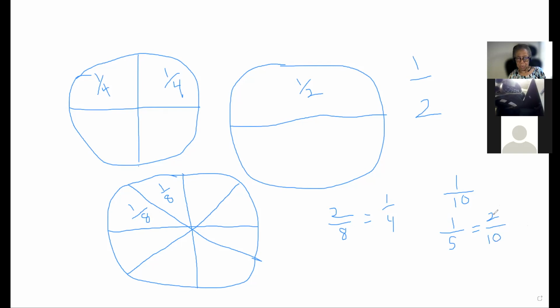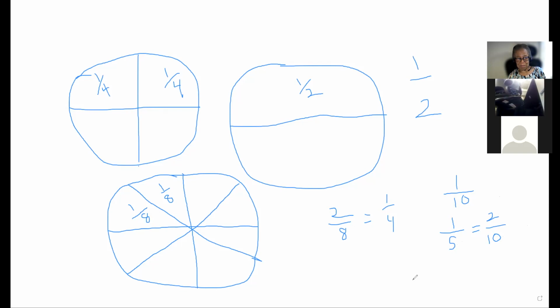In other words, 2/2 is 1, 10/2 is 5. So 2/10 equals 1/5. Another way of looking at this, 1/5 is 20%, and 2/10 is 20%, right? They're equal.